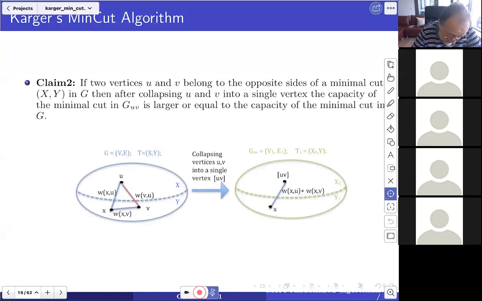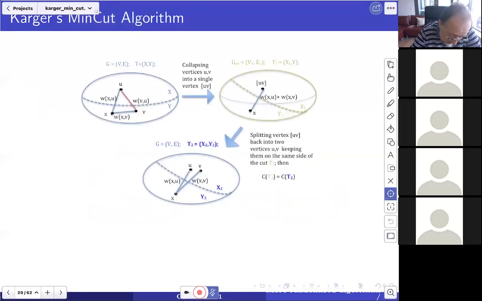So here is, let's see, maybe I have a better picture on the next slide. So here it is. You have U and V that are on opposite sides of the min cut in G, right? Then we contract them.